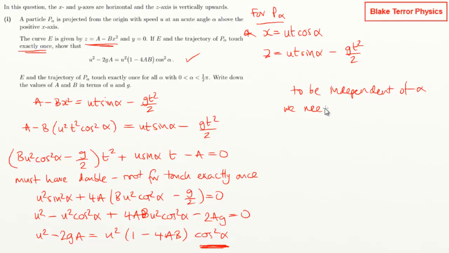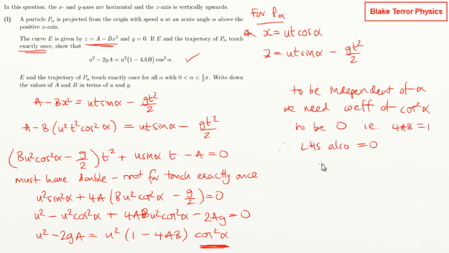We need the coefficient of cos squared alpha to be 0, i.e.